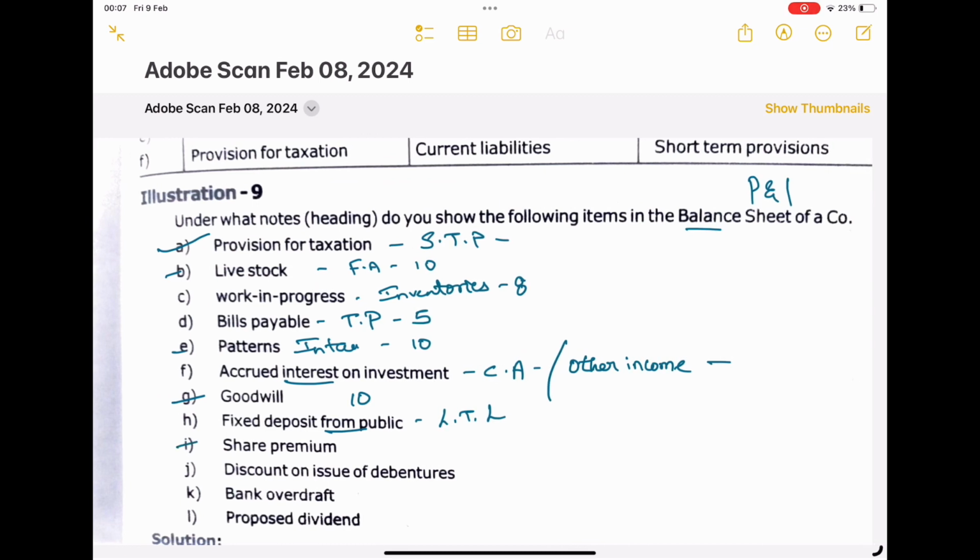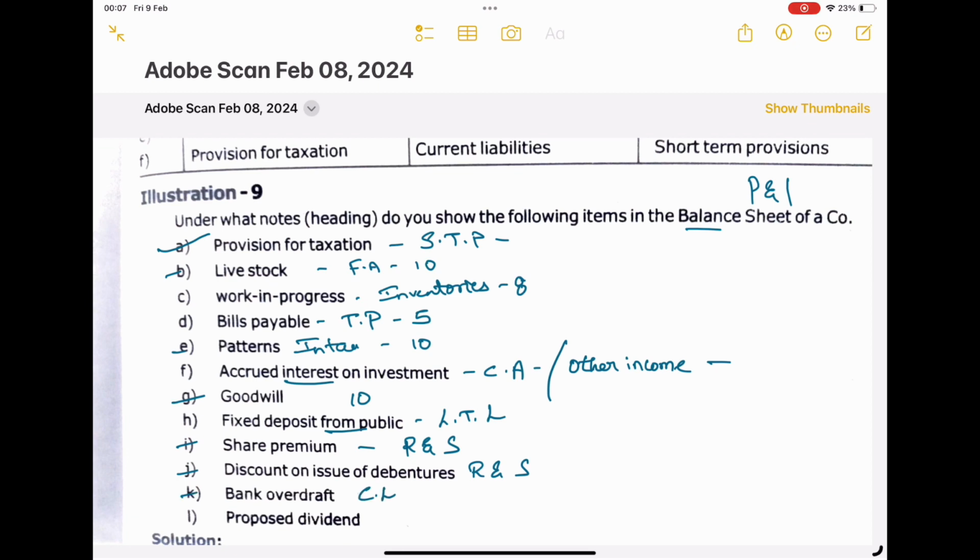Okay, next, share premium. So it will be shown as discount on shares or share premium, whatever it may be. Discount means deduct the value, premium means add the value to the reserves and surplus. Okay, see, same, discount, reserves and surplus.